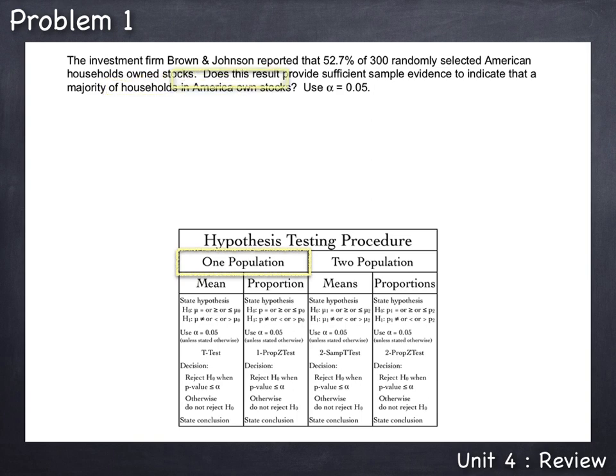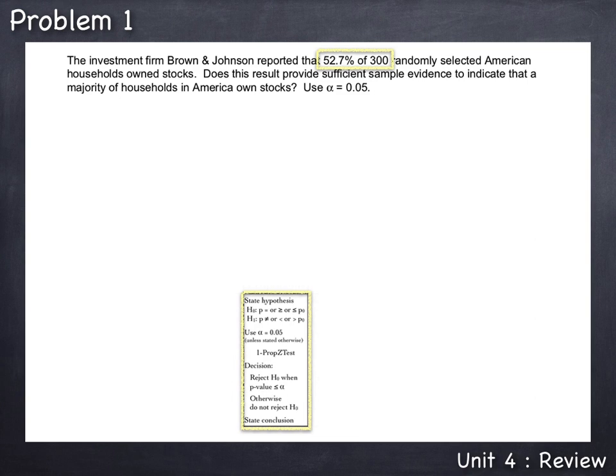In this case, 52.7% of 300 randomly selected American households. The sample result of 52.7% is a percentage or proportion. So this problem is best answered by using a hypothesis test procedure on one population proportion. So here we'll look at these steps to take us through all the steps of conducting this hypothesis test procedure.